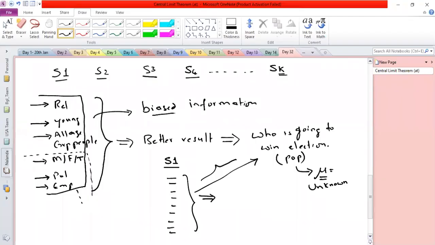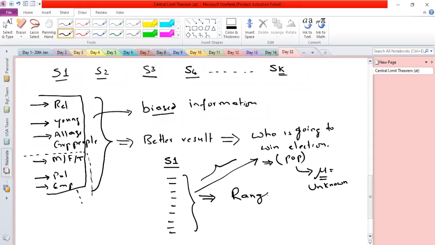Can I accurately identify my population mean? Can I tell you who is going to win the election? No. So from here to here, a point estimate is not possible, but you can always give a range.